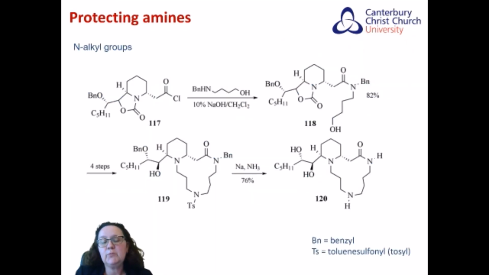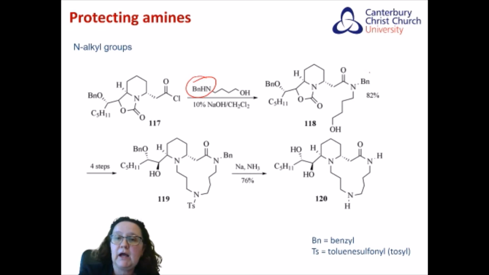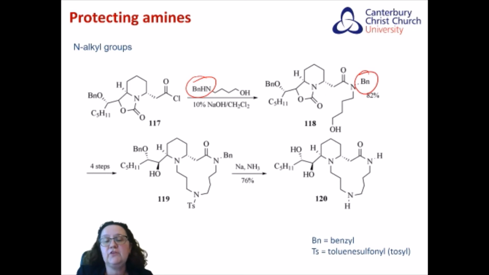This is an example of a reaction in which an alkyl group, in this case a benzyl group, is used to protect an amine. So here, the amine already carries the benzyl group. You make it react with an acid chloride. You form a tertiary amine, and the benzyl group is there. There are a series of reactions that take place across the rest of the molecule to form the final product.